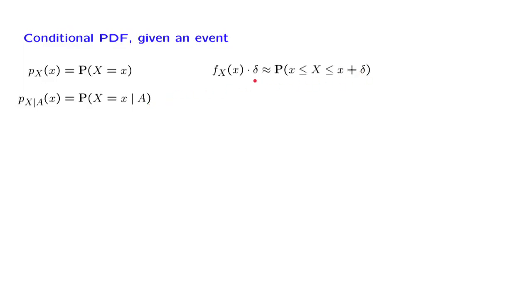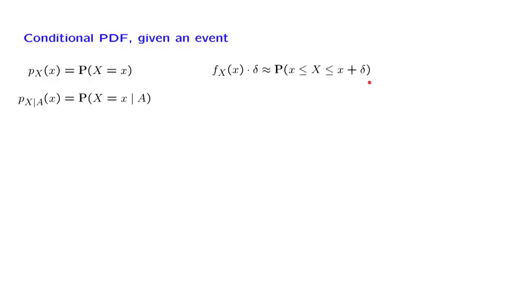So let us recall the definition of a conditional PMF, which is just the same as an ordinary PMF, but applied to a conditional universe. In the same spirit, we can start with a PDF, which we can interpret, for example, in terms of probabilities of small intervals.